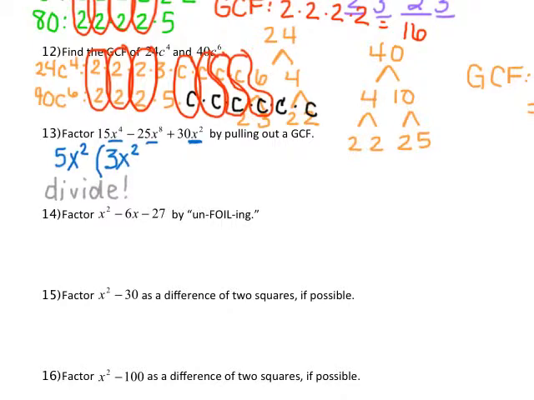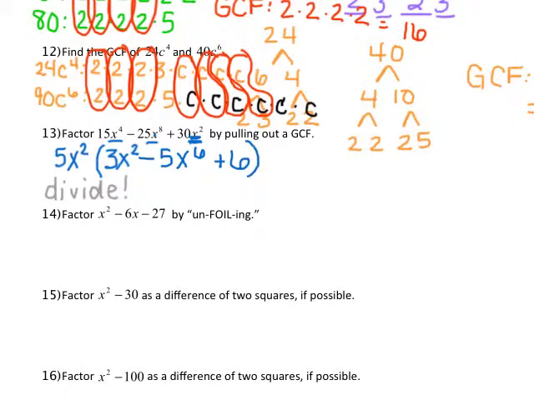And then minus 25 divided by 5 is 5. And x to the 8th divided by x squared would really be 8 minus 2, which is x to the 6th. Plus 30 divided by 5 is 6. And this one only had x squared, and I took out an x squared, so this one has no x's left.